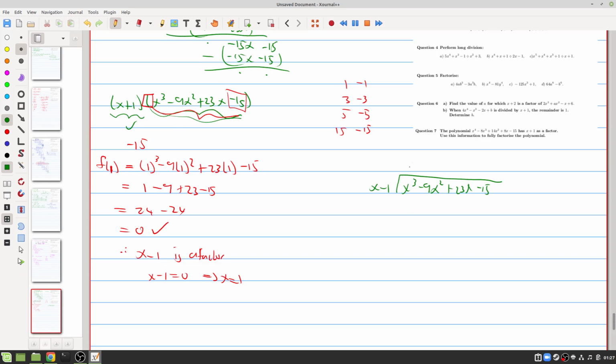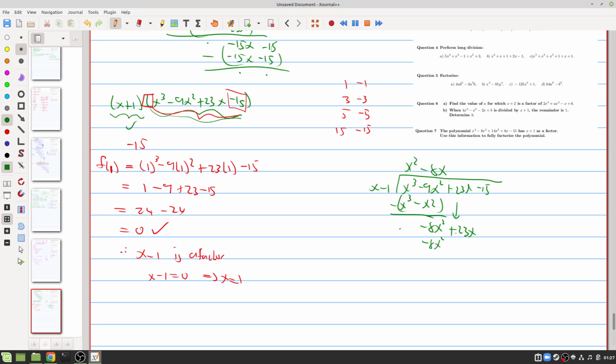X cubed divided by x is x squared. Multiply the x squared back in, so x cubed minus x squared. Subtract this. We get nothing here. Minus 9 plus 1 is minus 8x squared. Bring down the next value, so plus 23x. Minus 8x squared divided by x is minus 8x. Multiply that back in.